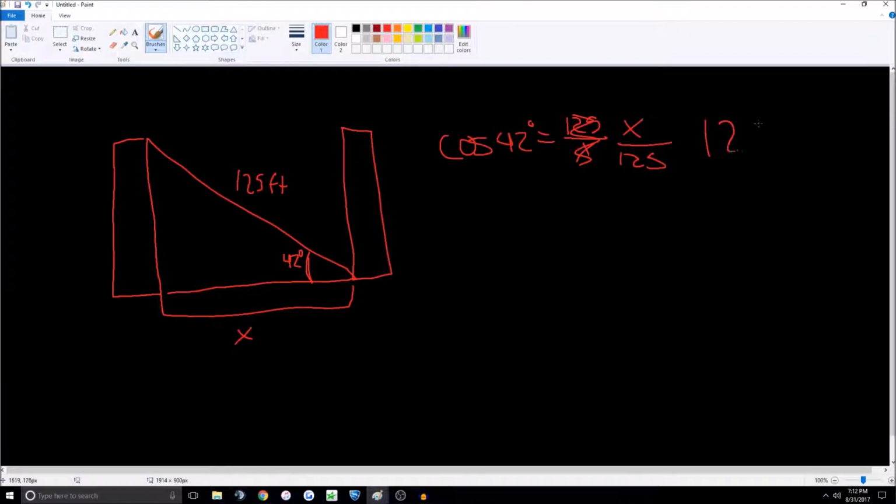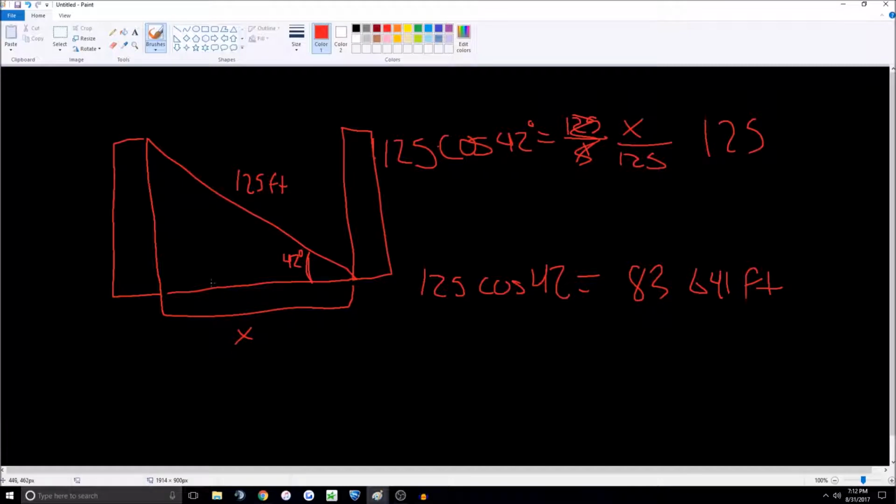Then we multiply each side by 125, so that's 125 cosine of 42. Let me multiply these together, and that is going to be 83.641 feet. That's the minimum distance that can be between these buildings, and that is the answer to our final question.